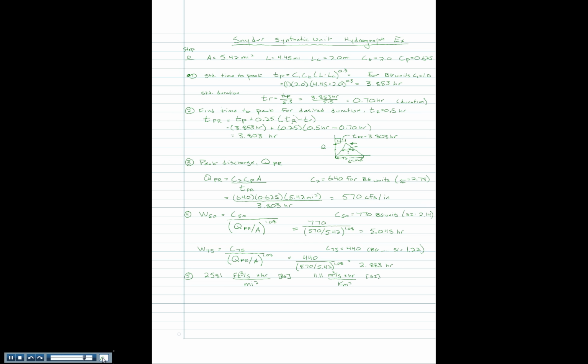In this case, we're working in the traditional units, and so the equation that we're going to have is T sub B is 2581A divided by QPR minus 1.5 W50 minus W75.